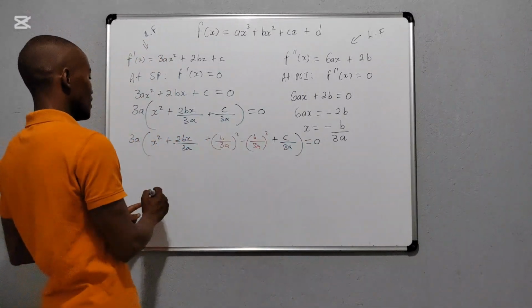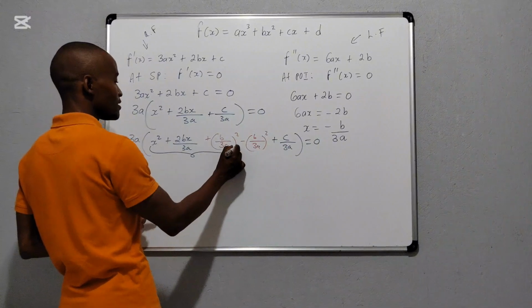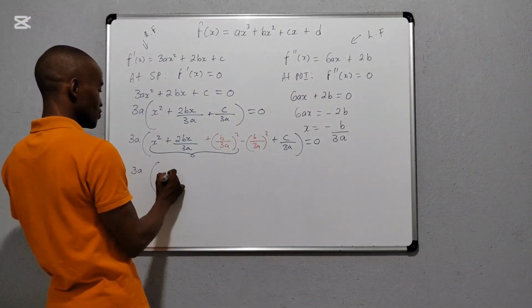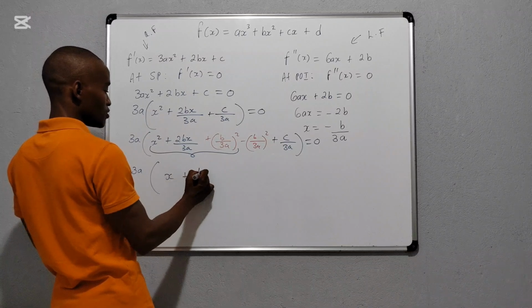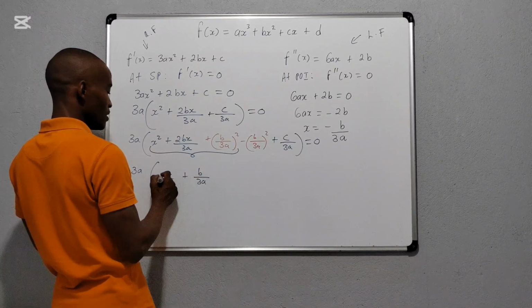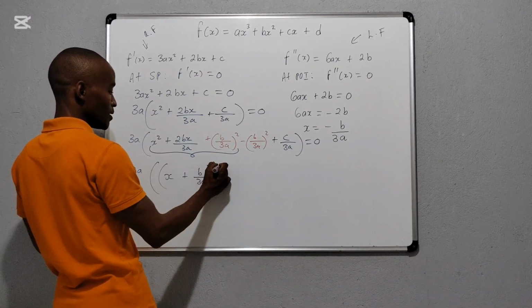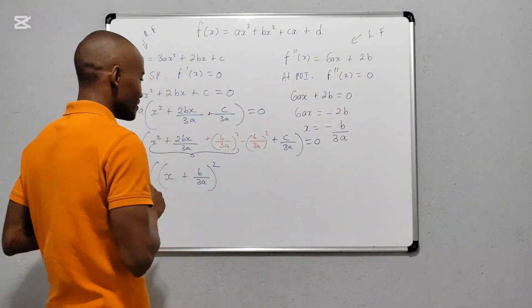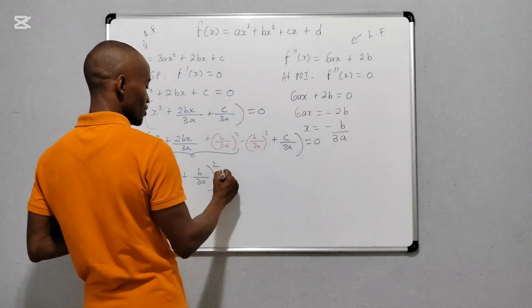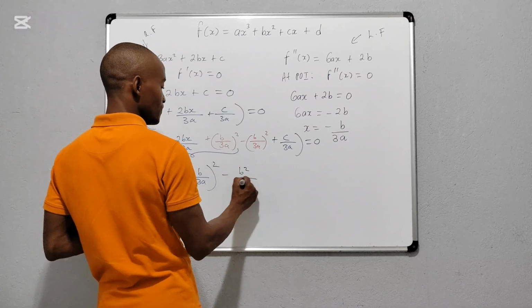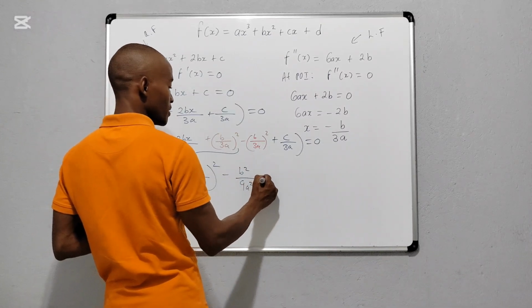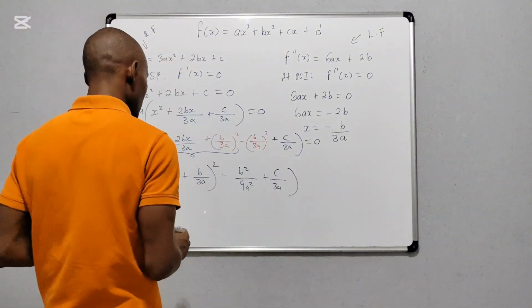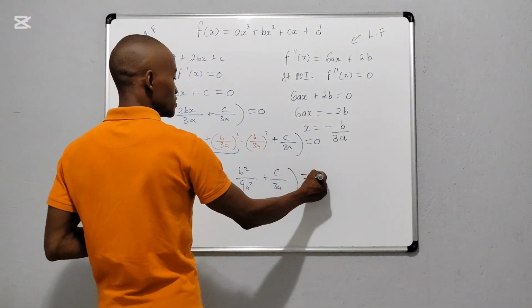Okay, now the first three terms here will give us our square of a binomial, which will be x plus b over 3a squared. Are we seeing the relationship? Yes, we're getting there. And we end up with minus b squared over 9a squared plus c over 3a, okay, is equal to 0.